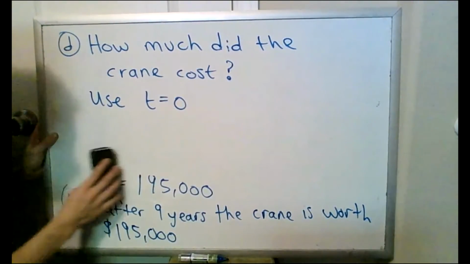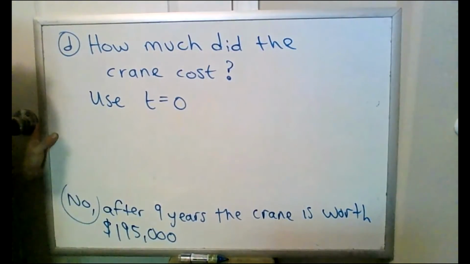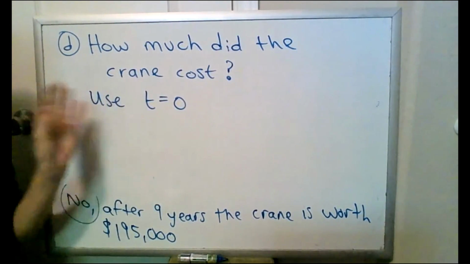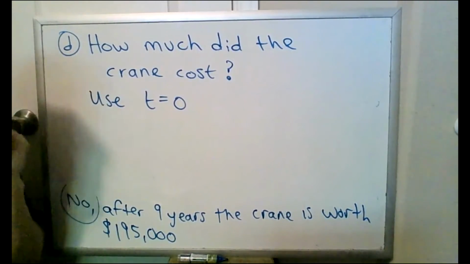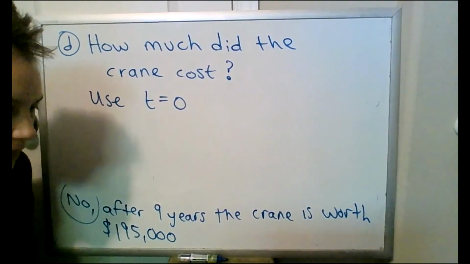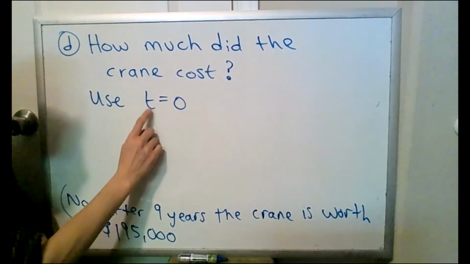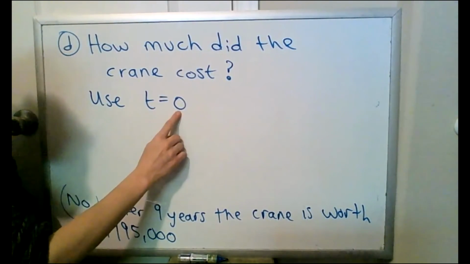As a side note, sometimes a problem will say when the first thing happened. Using time t equals 0 is when you start something, or when something first begins.